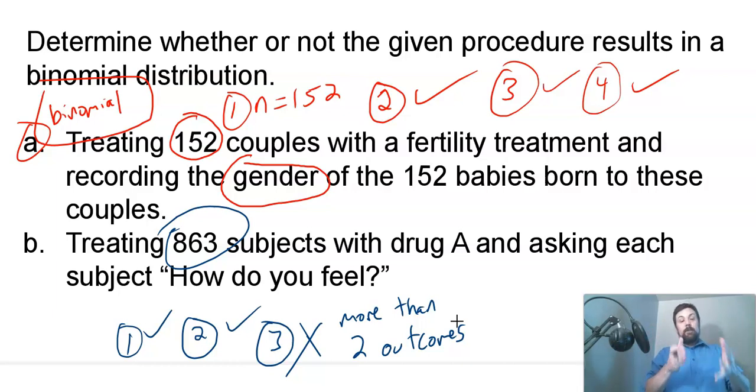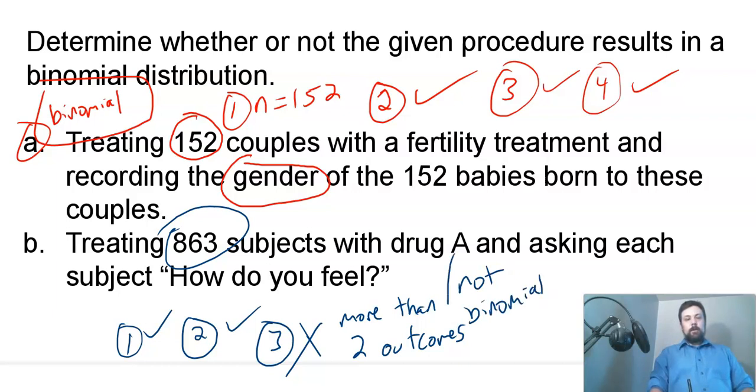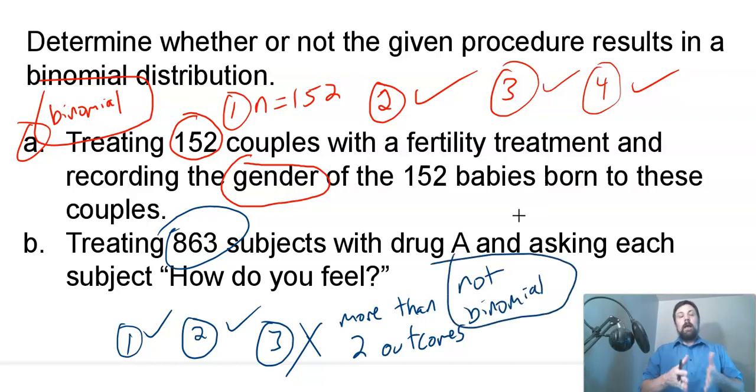So based on what's given in the problem, it seems like there's more than 2 outcomes. And so this is not binomial. All right. So they're not going to try to hide it from you. Whatever requirement's not being met, it should be obviously stated somewhere in the problem. It shouldn't be something you have to concoct a crazy scenario in order to violate the requirements. All right. Okay.